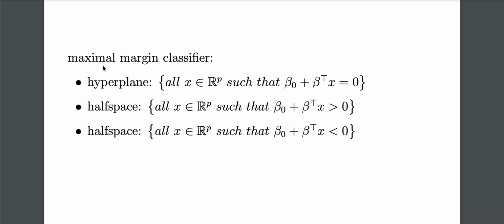Okay, so a maximal margin classifier involves hyperplanes and half spaces. This is something you saw before, and if you forgot it, I refer you to the beginning of the semester where we spent a significant amount of time on half spaces and hyperplanes.